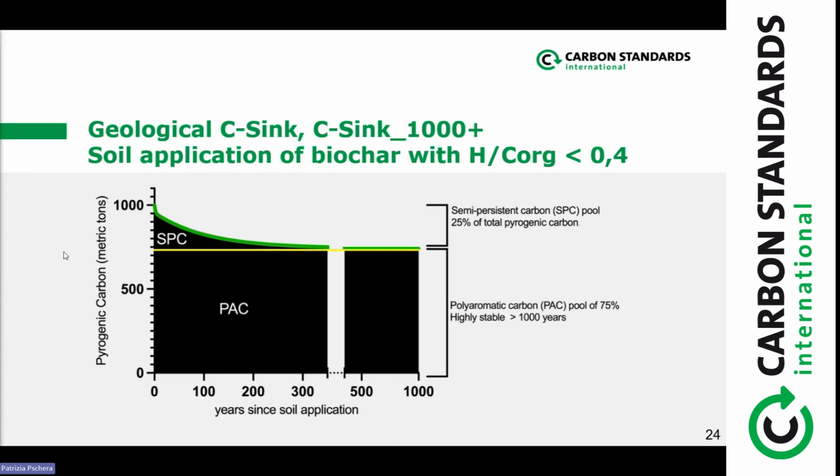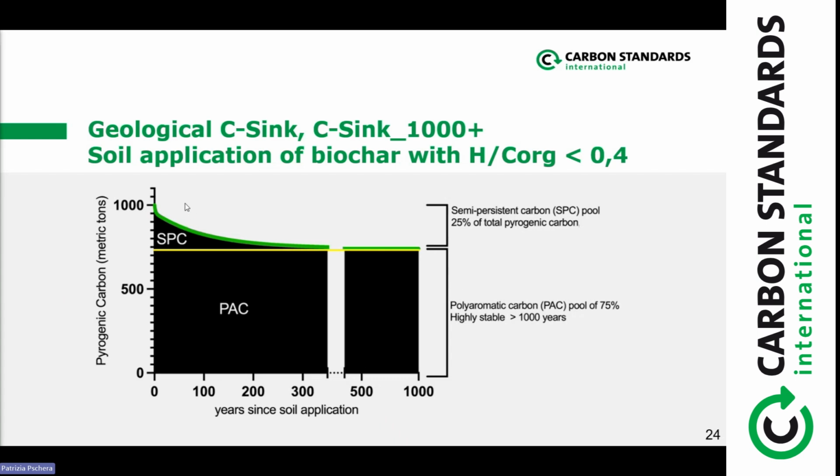There we know that we have 2 carbon pools in a biochar, and the PAC fraction, so the permanent fraction that is highly stable for more than 1,000 years, constitutes 75% of the carbon of the biochar.